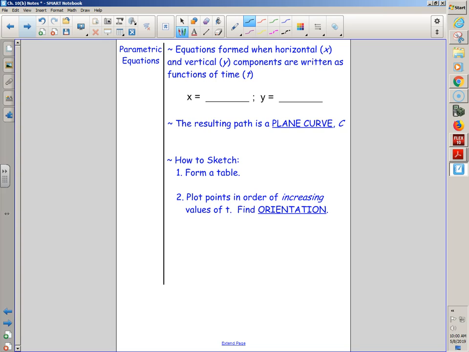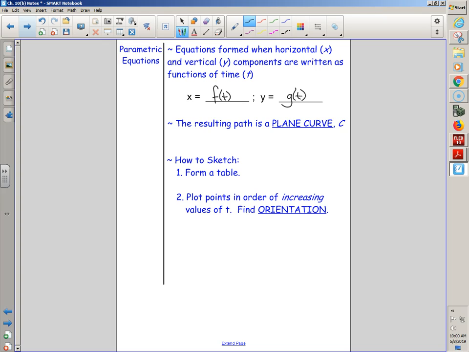So even though I just showed you this mode in your calculator, even though we're starting to see things like some people got lines instead of parabolas, and all of us it was only graphing part of it, and maybe degrees and radians have some sort of difference, you really need to go back to the beginning and say, you know what? x is going to be a function in terms of t, and y is going to be a function in terms of t.